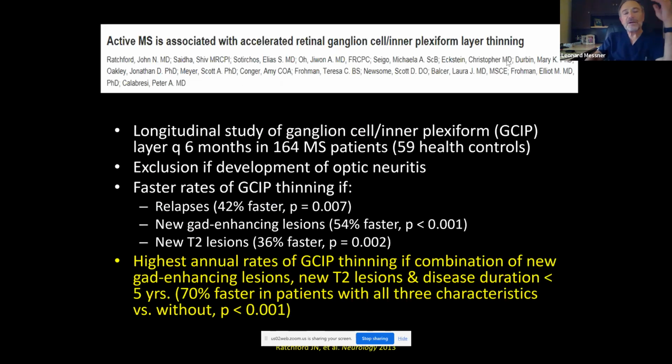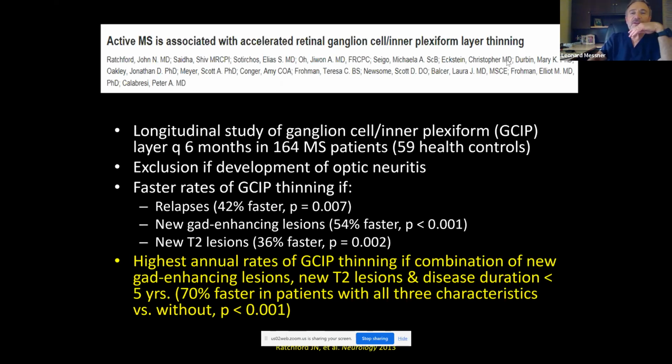Now, this is a nice paper from a couple of years ago, essentially validating what I just mentioned. And that is that you get both this temporal thinning of the nerve fiber layer, as well as diffuse thinning of the ganglion cell complex among individuals with progressive disease, which to a large extent goes along with the progressive findings noted on MRI.